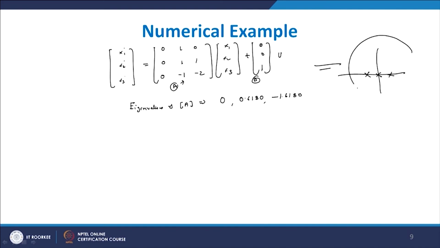So, this is an unstable system. But if your eigenvalues are on the left hand side of the S-plane and they are satisfactory, there is no need to design a controller. A controller is designed only when there is a requirement, just as if a patient who is not ill goes to a doctor and takes medicine, that creates a problem.